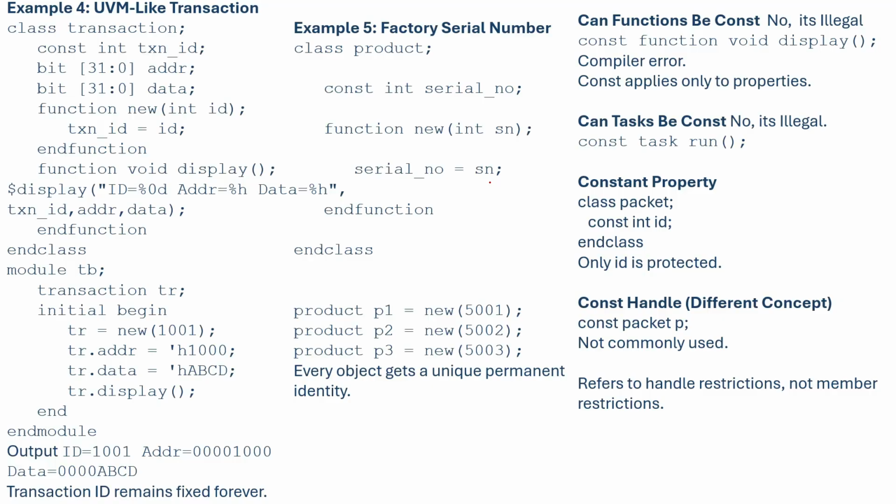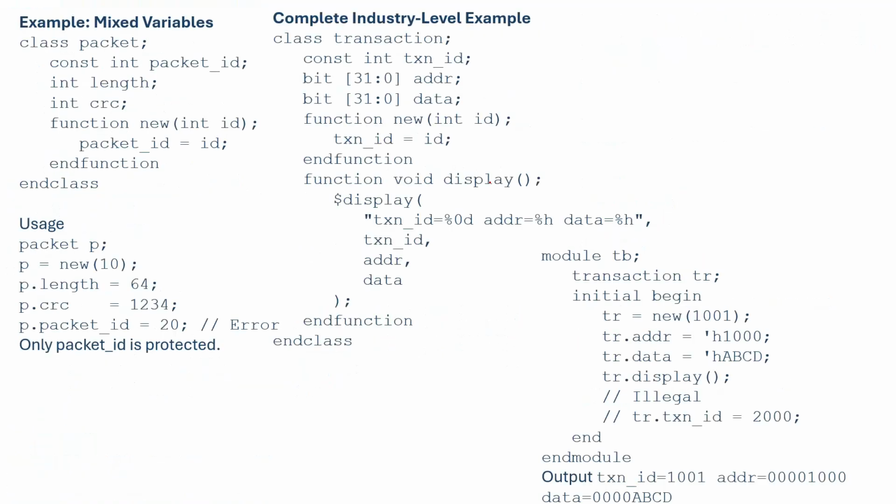In UVM, most of the time we are considering multiple objects because all are child classes, right? So for a single parent class, I'm using multiple handles, and those multiple handles will be assigned to the child class. This is the example: class transaction with a constant ID.